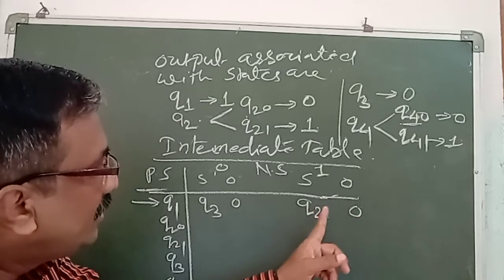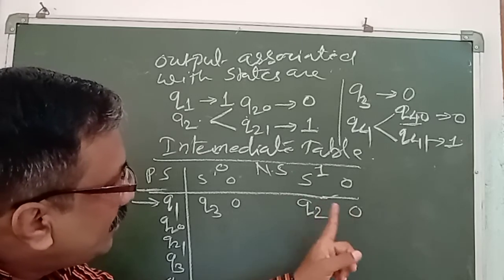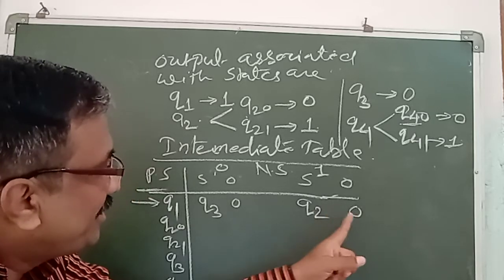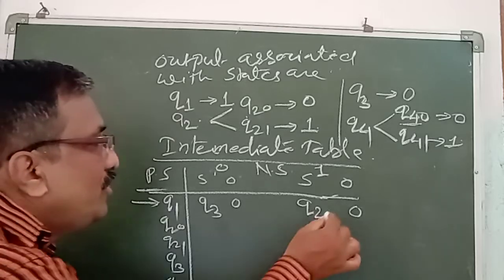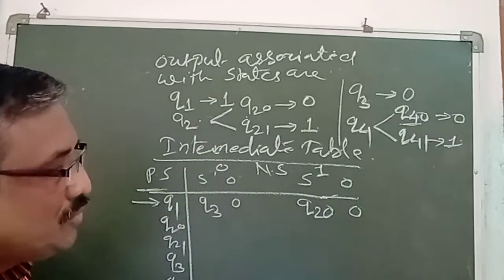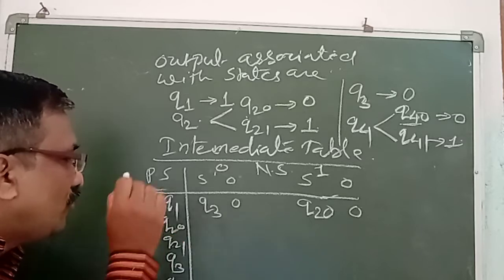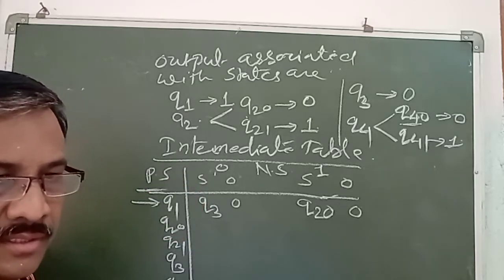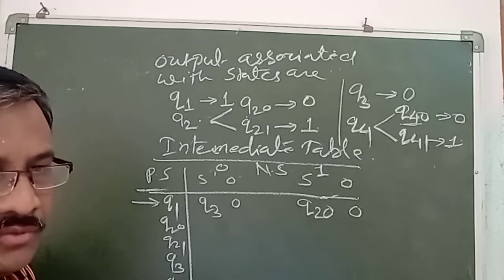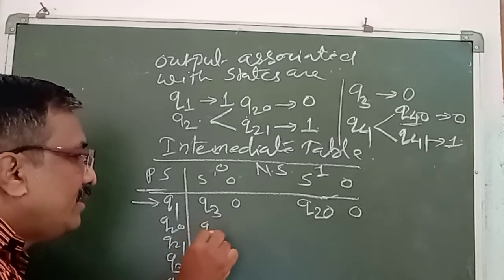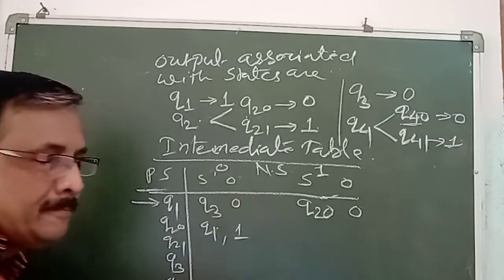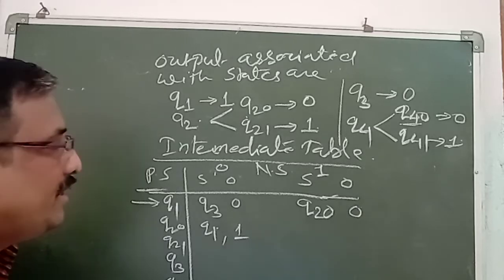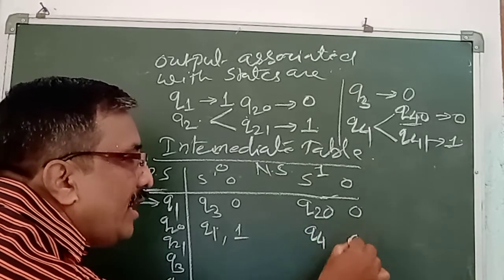But now the state with output 0 associated with Q2 is renamed as Q2 0. So we will write here Q2 0. From state Q2, next state transition is Q1 1. So we will write Q1 1 for input 0, and for input 1 it is Q4 and 0.